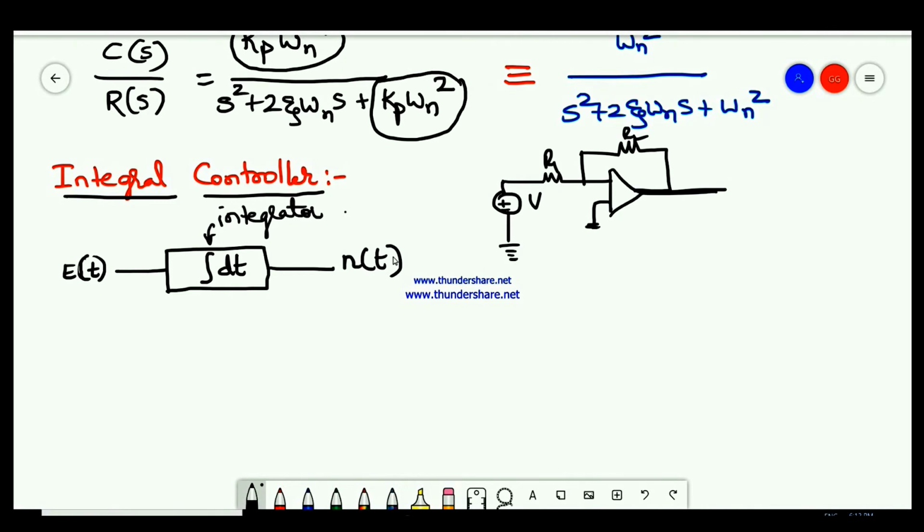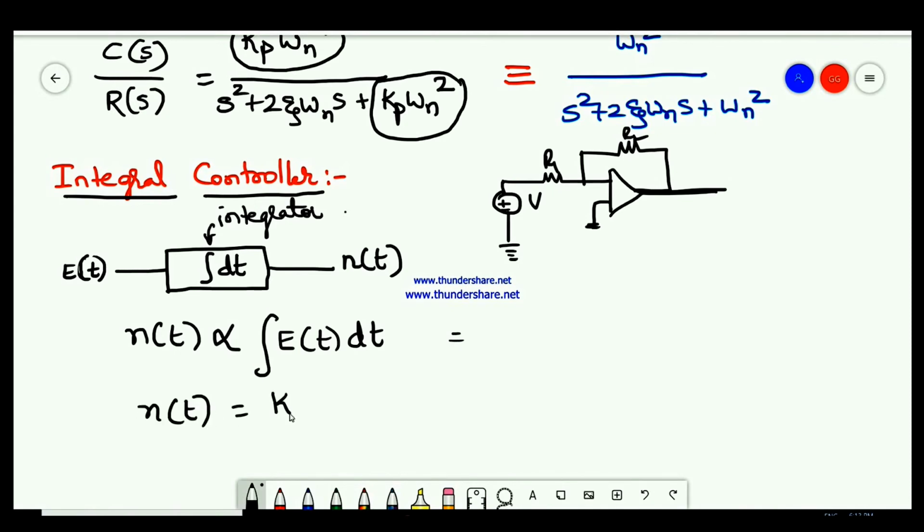Now let us write the equation for n of t. Let me say n of t is proportional to the integration of e of t dt, because e of t is given to the integral controller. Now this proportionality becomes equality: n of t equals some proportional constant, the integral constant Ki, multiplied by the integration of e of t dt.